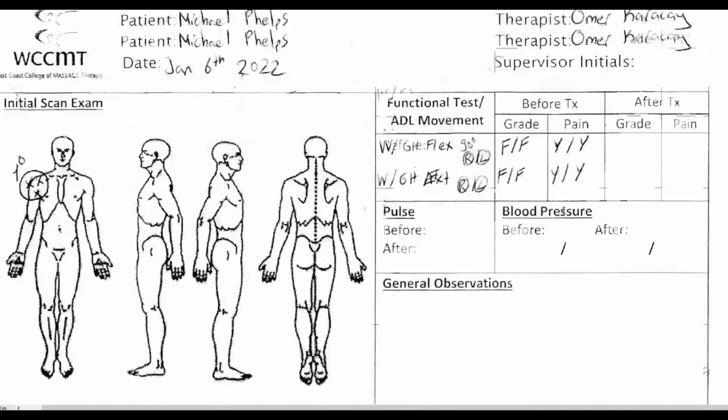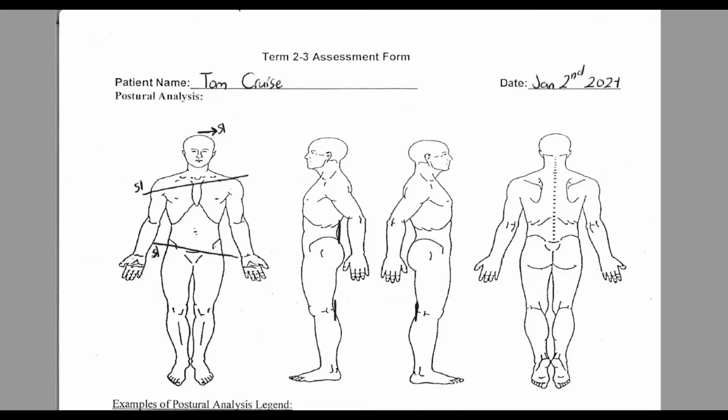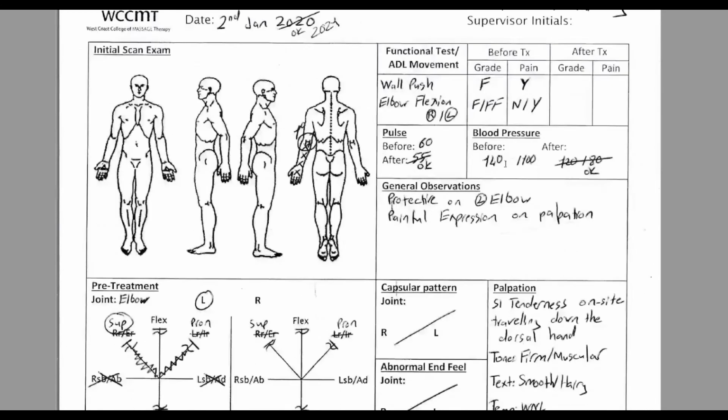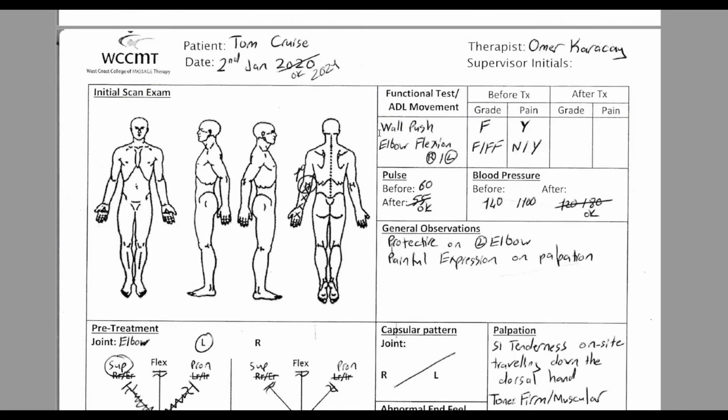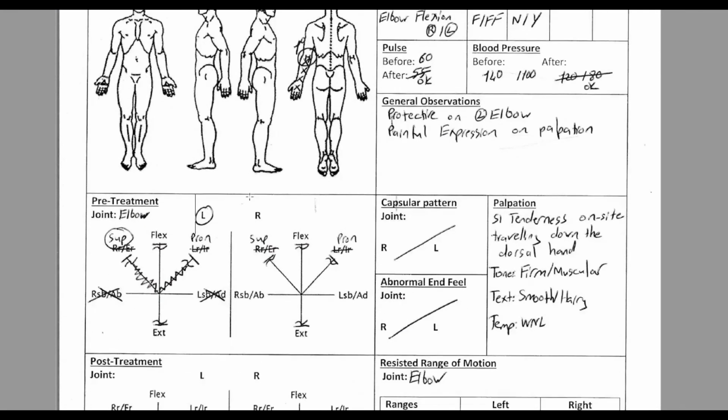Okay, so second example, let's go to make it hopefully more understandable. Now we are looking at Tom Cruise here apparently, and again we looked at the ISC in a previous video. Moving on right here. So when it comes to functional tests, when you look at it, left elbow, okay, supination is the problem as we can see it.